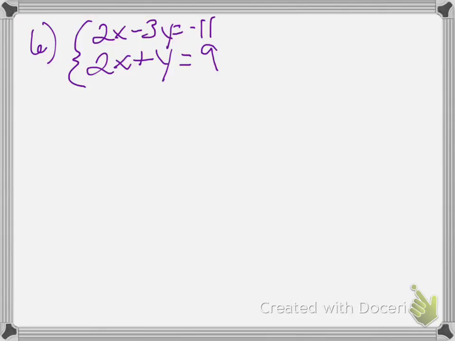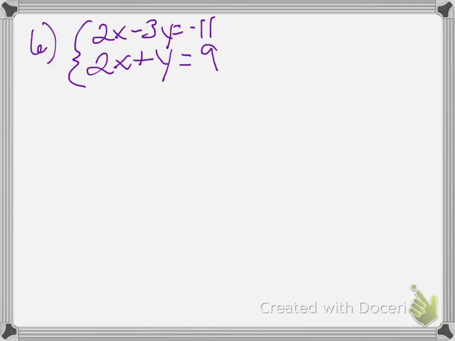The first one, 2x plus y equals 9. Good. And we're going to solve that for which variable, Noah? Y. The reason that you're going to choose that is because it doesn't have a coefficient. And so it's going to be an easy solve in one step.